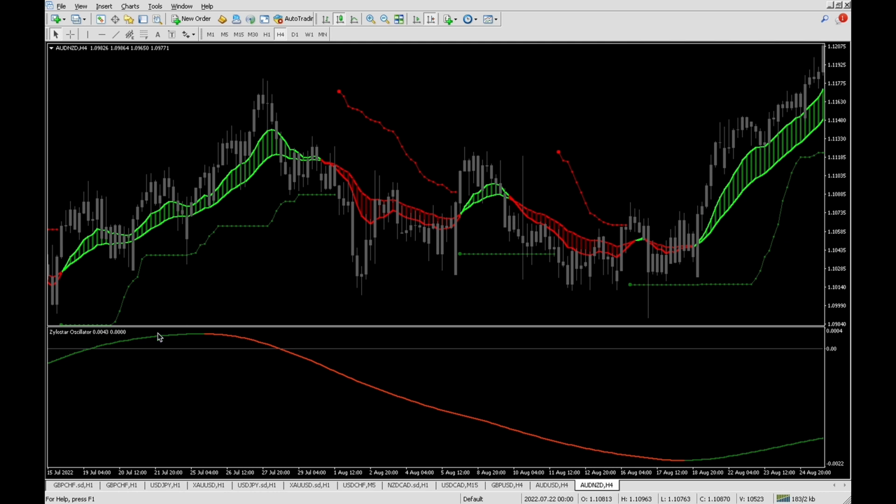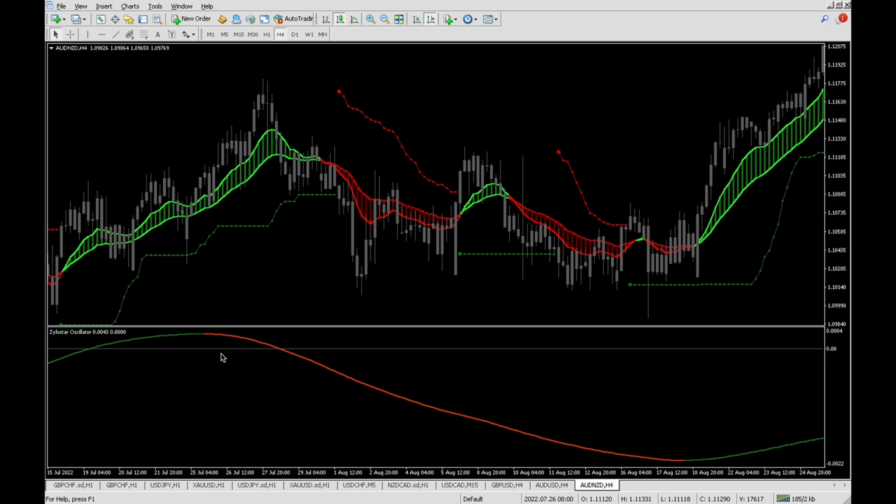In short, it gives you an overview of the long-term trend of the market. If the color of the Zylostar oscillator is green, it means an uptrend in the long term, and if it is red, it shows a downtrend in the long-term market.